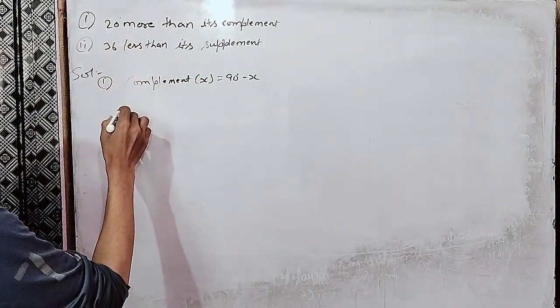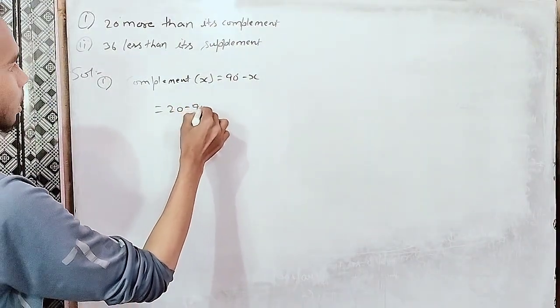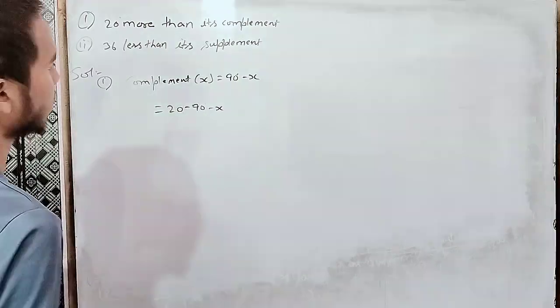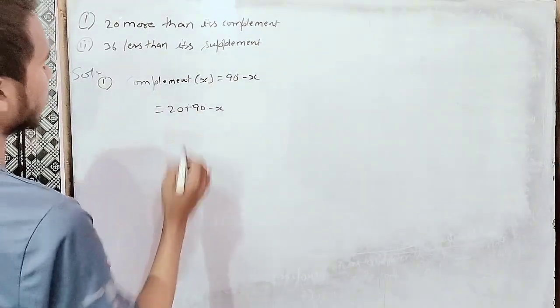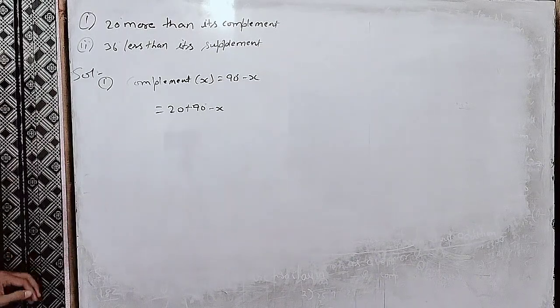It is saying x is 20 which is more than 90 minus x.